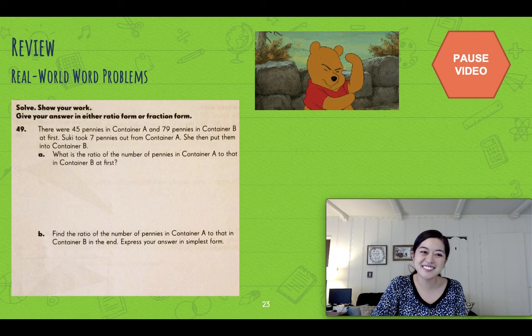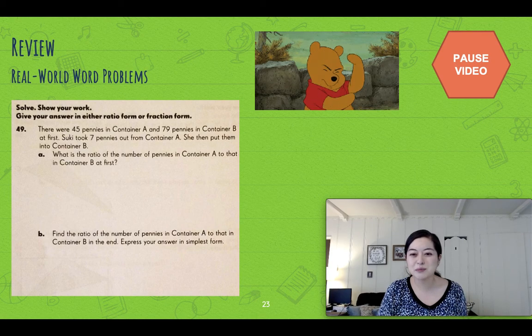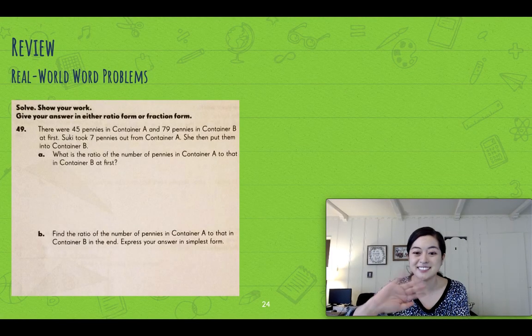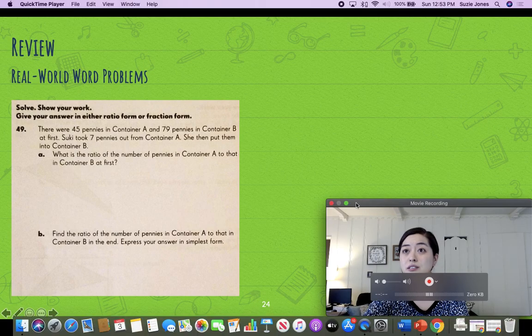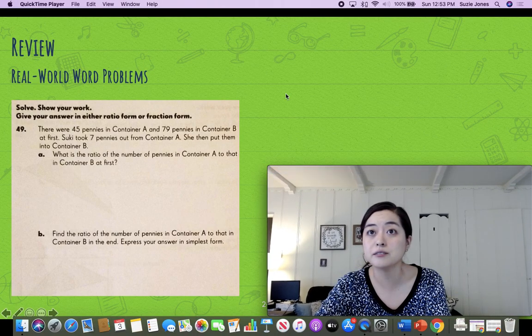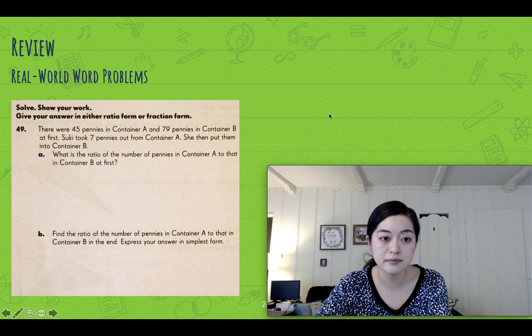All right, so give this word problem a try and let's check our answers together. Hi again. I'm going to increase it a tad. We have container A and container B, and they tell us how many pennies were in there at first.